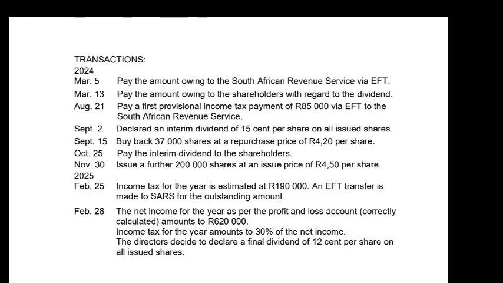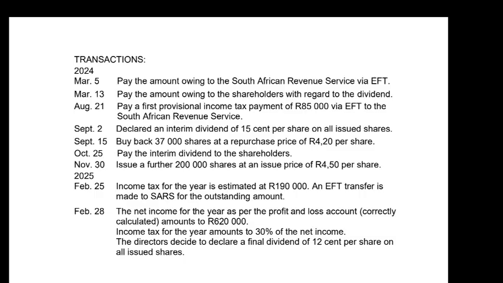Transactions 2024. March the 5th, pay the amount owing to the South African Revenue Service via EFT. March 13, pay the amount owing to the shareholders with regard to the dividend. August 21, pay a first provisional income tax payment of 85,000 Rand via EFT to the South African Revenue Service.